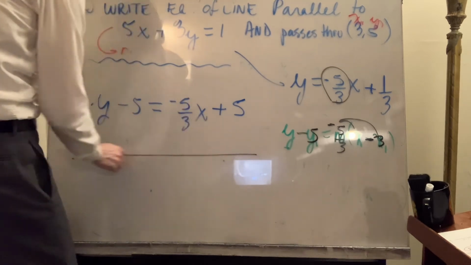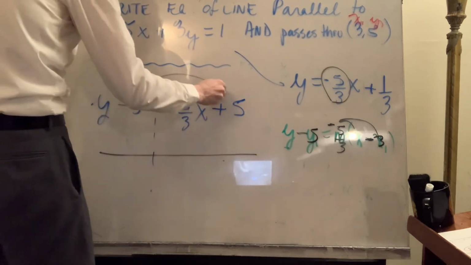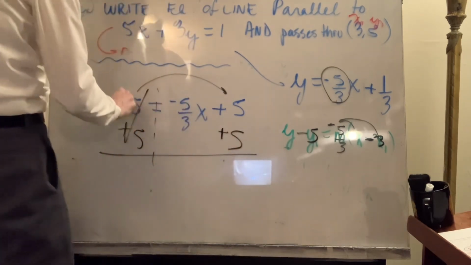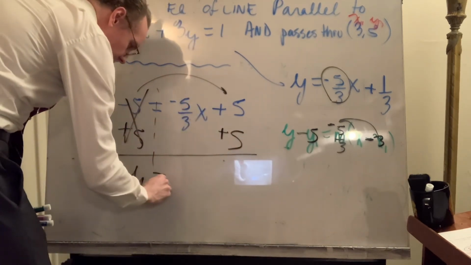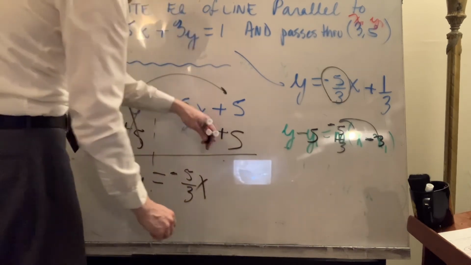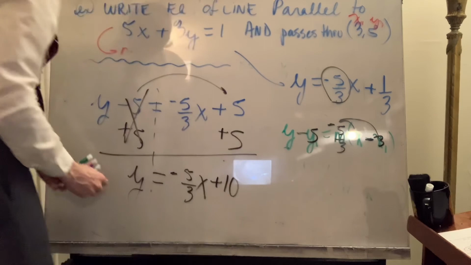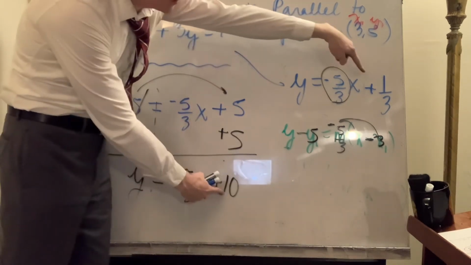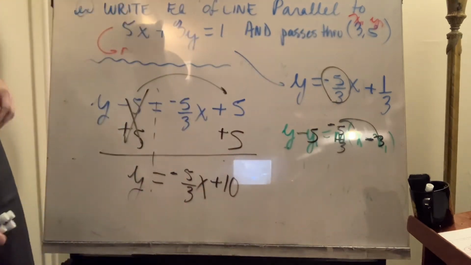Then build the table, move the 5, which coincidentally is the same number here and here. That cancels. Y that would be parallel would have the same slope, so it's negative 5 over 3x plus 10. Parallel lines have the same slopes, but different y-intercepts. Okay?